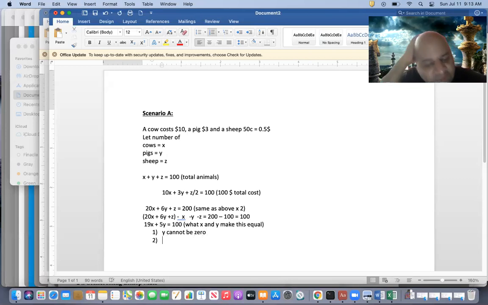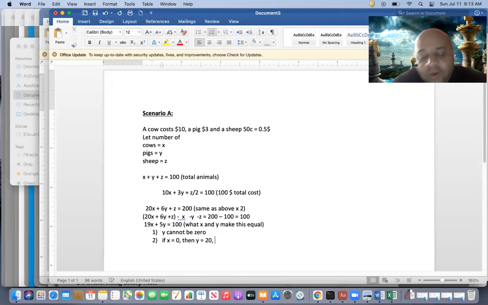Now, if x is equal to 0, then 5y is equal to 100, and y is equal to 20. So that is one solution. If x is equal to 0, then y is equal to 20.